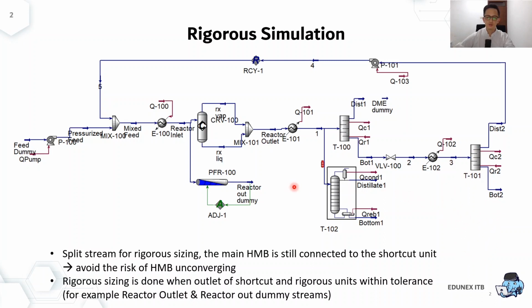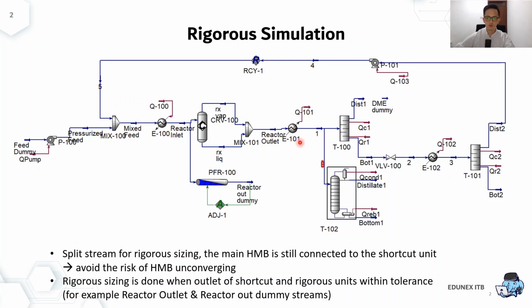Okay, so now we still have one main thing to do, which is to model or to design the rigorous shell and tube heat exchanger. And also we will apply a heat integration concept, because as you are probably aware, we still use utilities for all of the heat exchangers. So for example, the E100, this is a heater, so we use steam for this heat exchanger.